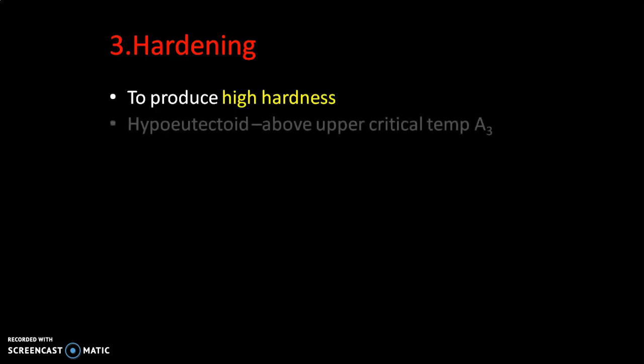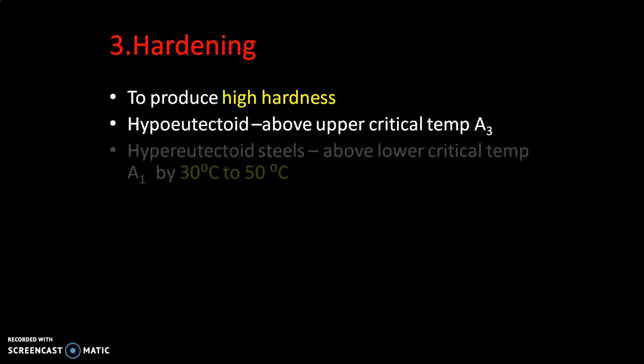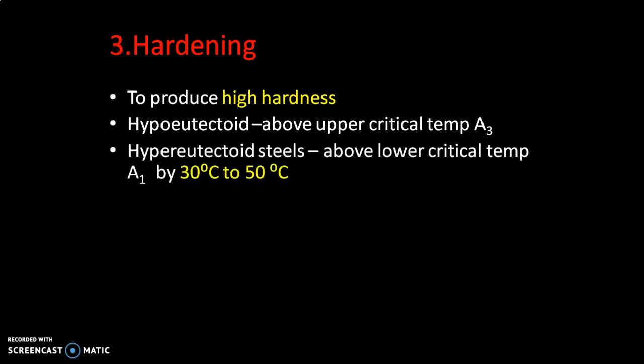Hardening. The second heat treatment process is hardening, to produce high hardness in steels. Hypoeutectoid steels are heated above the upper critical temperature, that is the A3 line. Hypereutectoid steels are heated above the lower critical temperature, the A1 line, by 30 degrees Celsius to 50 degrees Celsius.